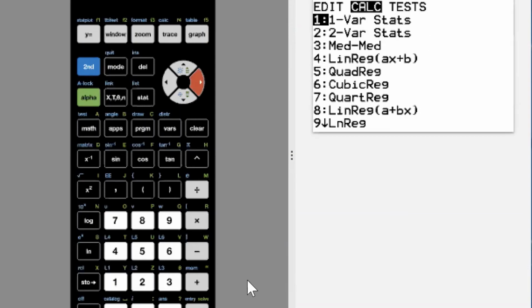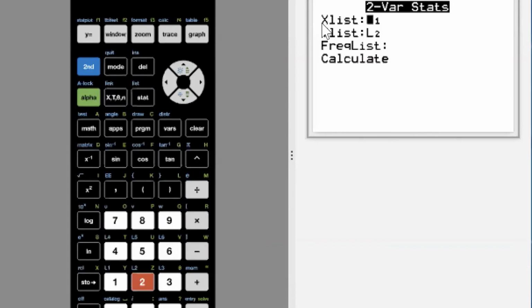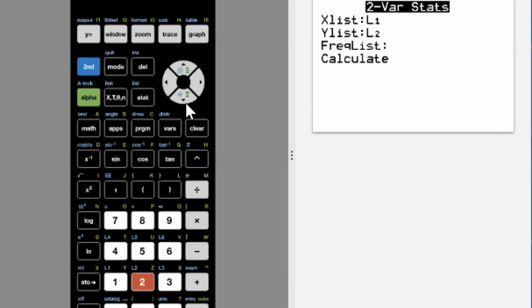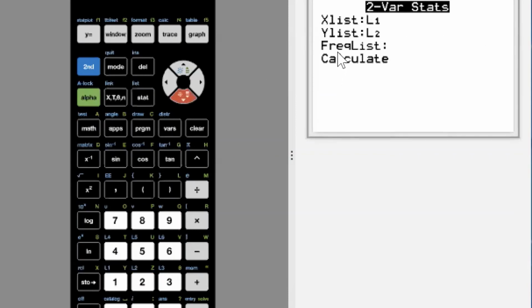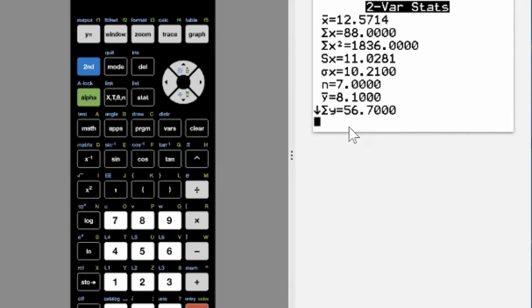Select number 2. Make sure the X values are in list 1 and the Y values are in list 2. We don't have any frequency. Then you hit Calculate.